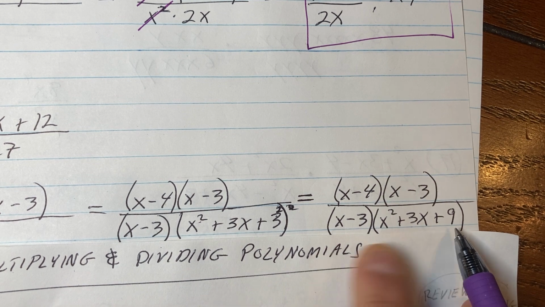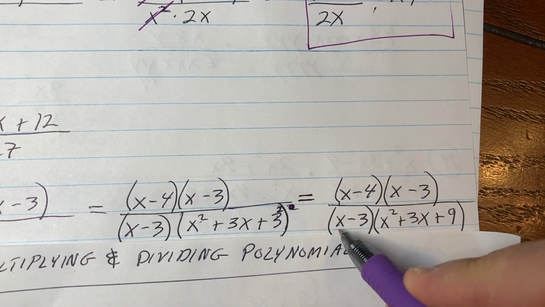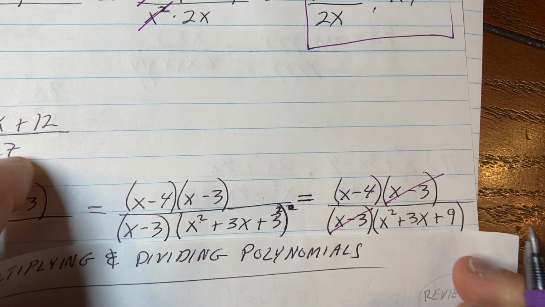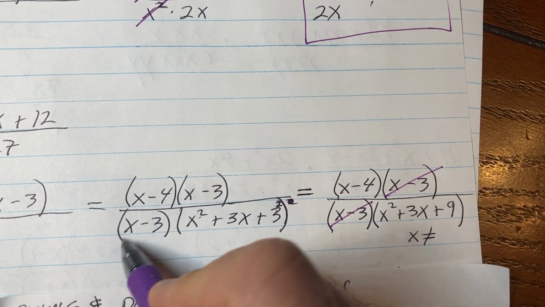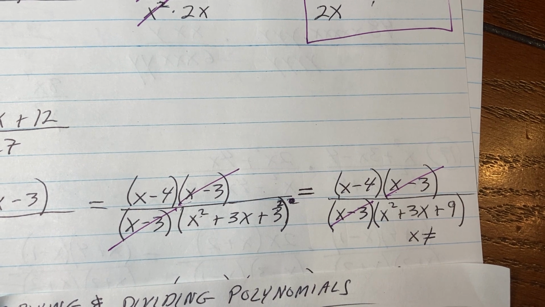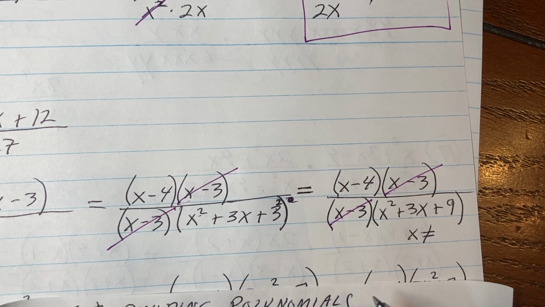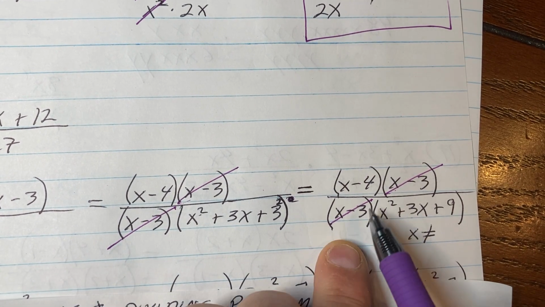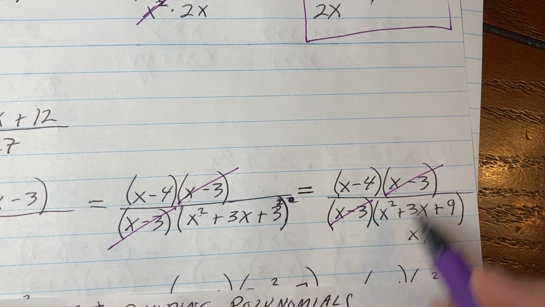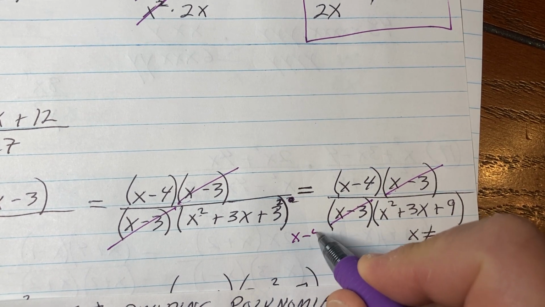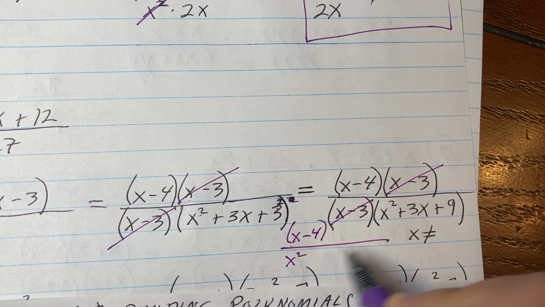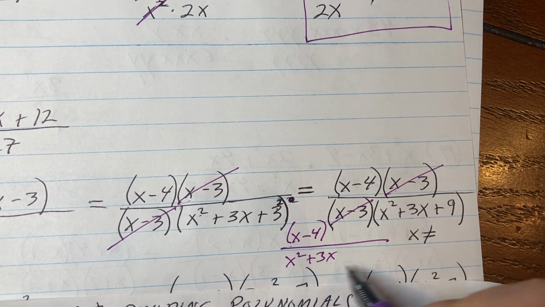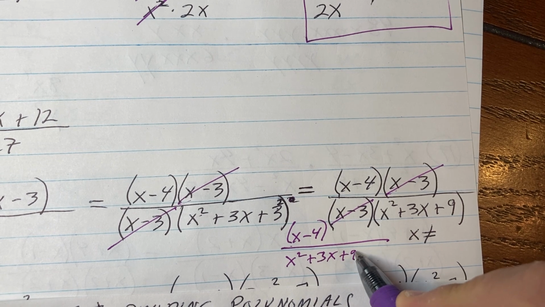That cancels out that. I made a mistake here. The answer is x to the 4th plus 3x plus 9. I should have done this better. Bad teacher.